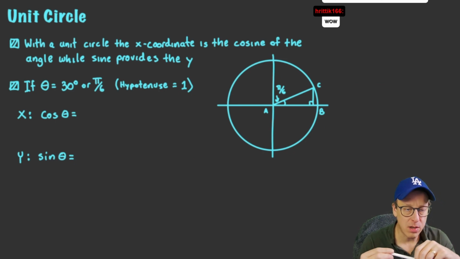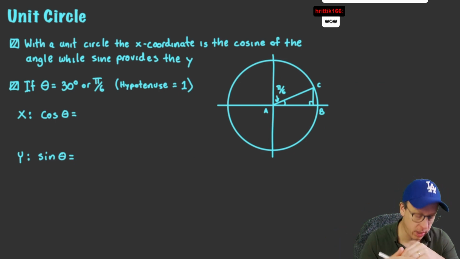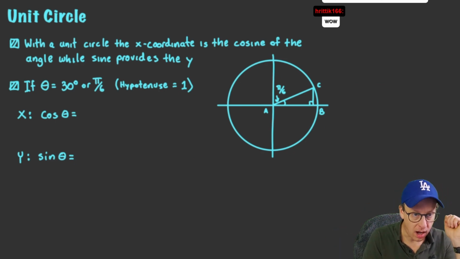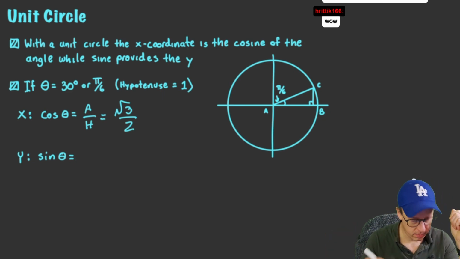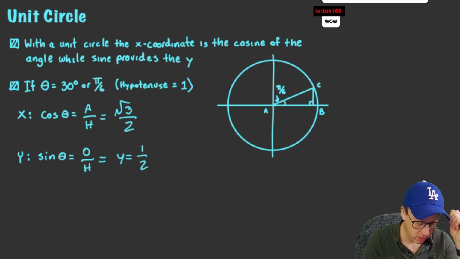So x, if you can remember SOHCAHTOA, CAH, the cosine, adjacent over hypotenuse, is going to be equal to the square root of 3 over 2. And so sine is going to be the opposite over the hypotenuse. And that is going to mean that y is going to end up being equal to 1 over 2. And of course, I forgot to write this is x.